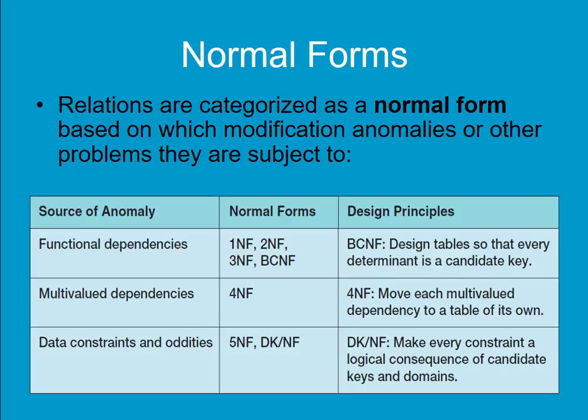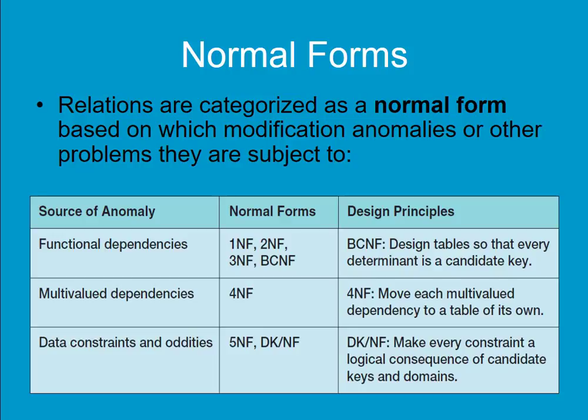So that just depends on the organization as to which you want to roll this into. But really, this just designs tables so that every determinant is a candidate key. And just remember what those terms meant. Usually when you get your tables to third normal form, that's pretty good. We usually and rarely ever worry about fourth normal form and fifth normal form.